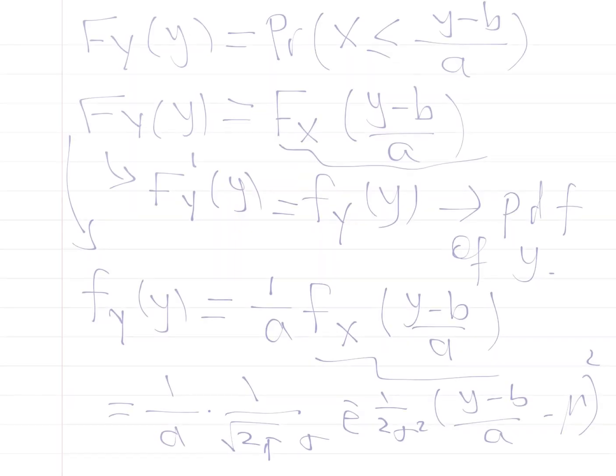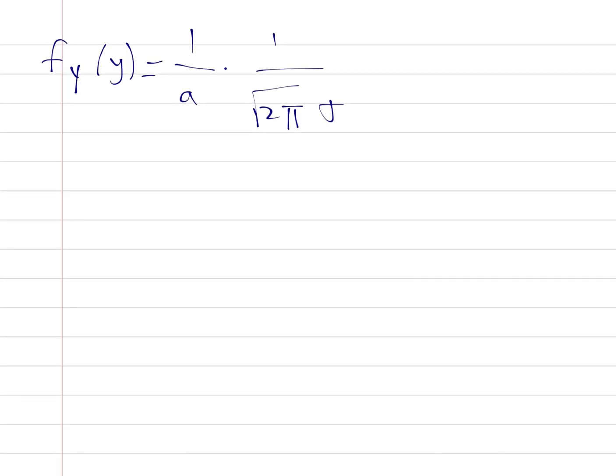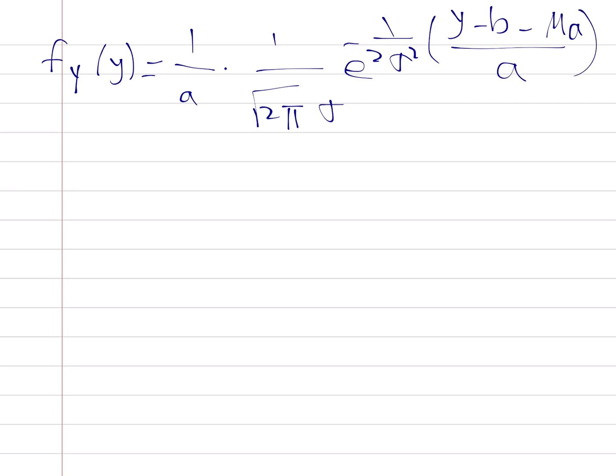We can write f_Y of y equal to 1 over a times 1 over square root of 2 pi times sigma, and then e to the minus 1 over 2 sigma squared, and then y minus b minus mu a divided by a, all squared.